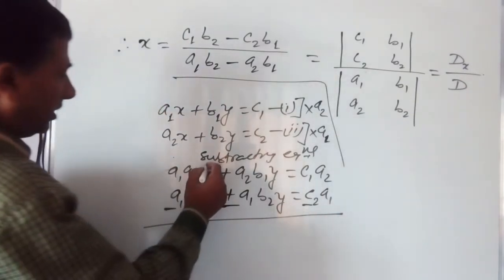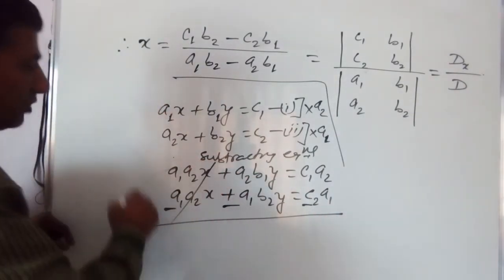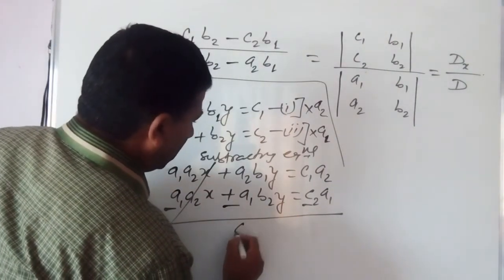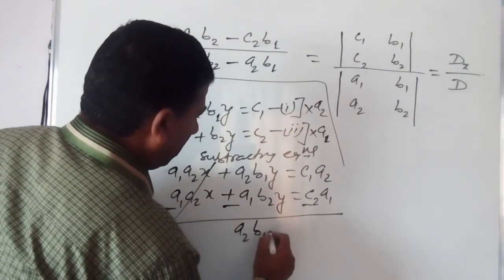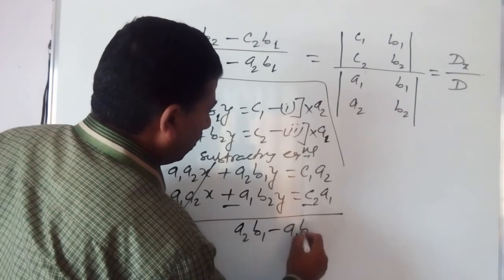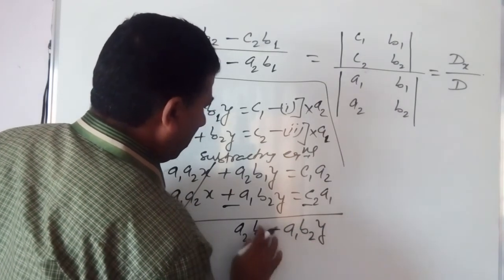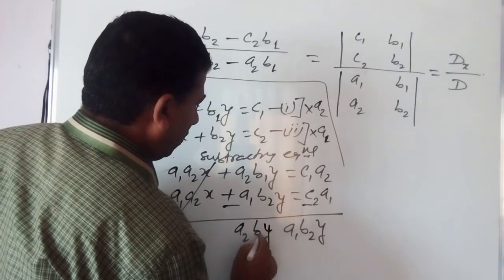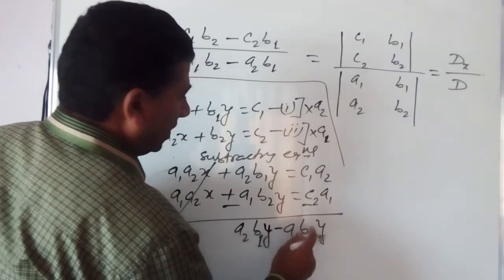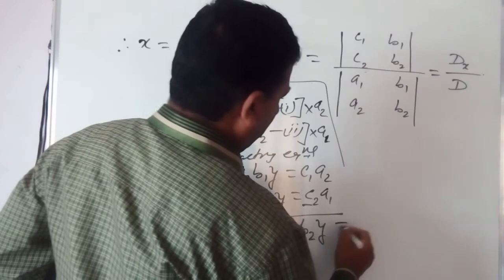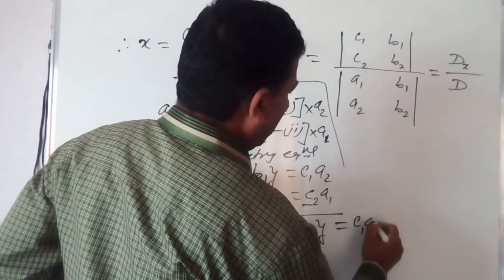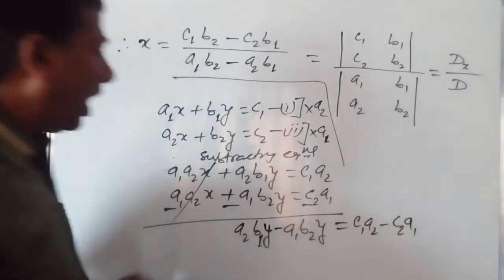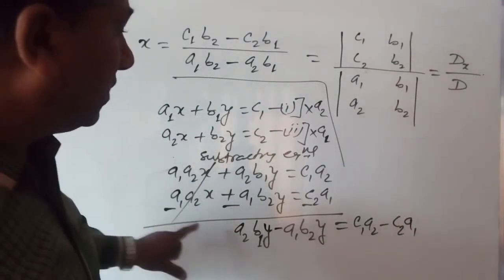Now x will be cancelled, and we'll get the value of y: a2 b1 y minus a1 b2 y equals c1 a2 minus c2 a1. After eliminating the term of x, we get this.